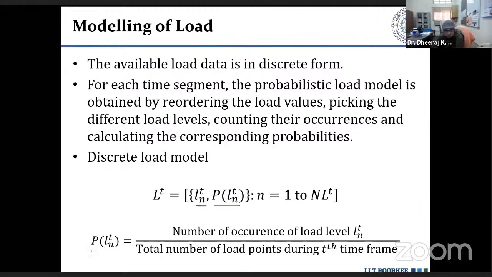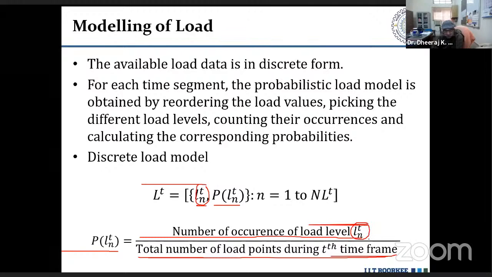This corresponding probability we obtained by this relation: in a given time frame we counted the number of occurrences of this load label, and we divided it by the total number of load points during this time frame. So first we computed the frequency of occurrence of a particular load label divided by the total number of load points during the same time frame.